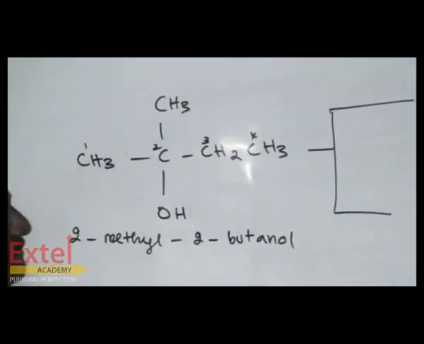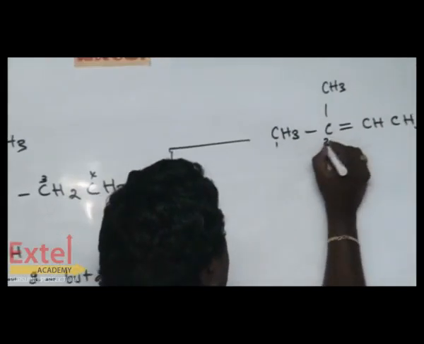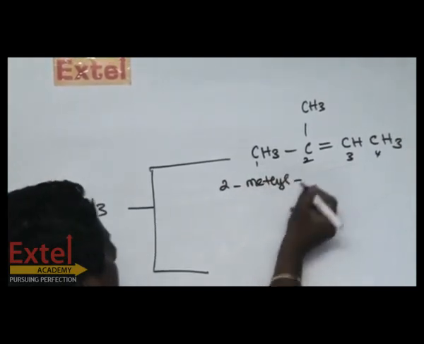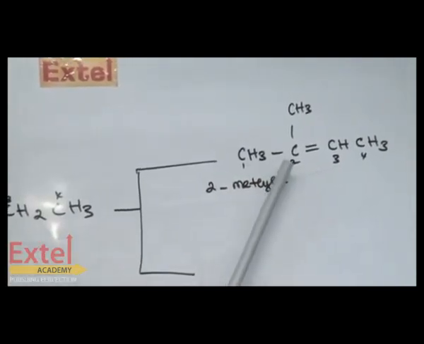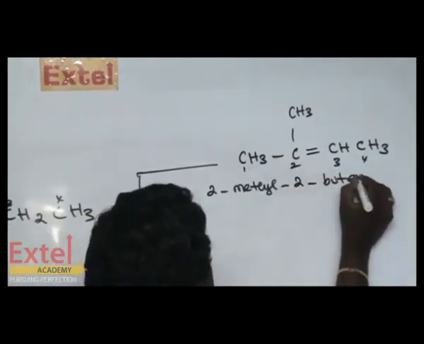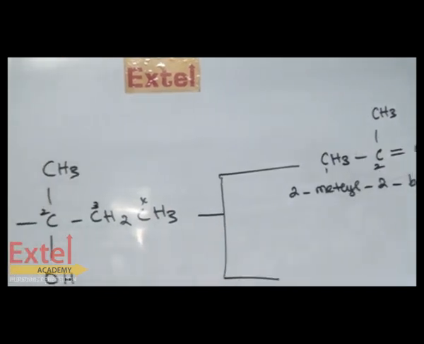You have got this. The counting has to be done like this: 1, 2, 3, 4. So 2-methyl. Next to the second carbon, a double bond is there. Since a double bond is there, it is butene, 2-butene. So in one possibility, OH from this carbon and H from this carbon are removed, so a double bond has been formed there. Shall we see the other possibility?